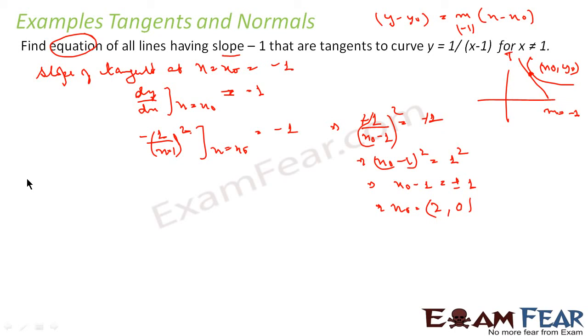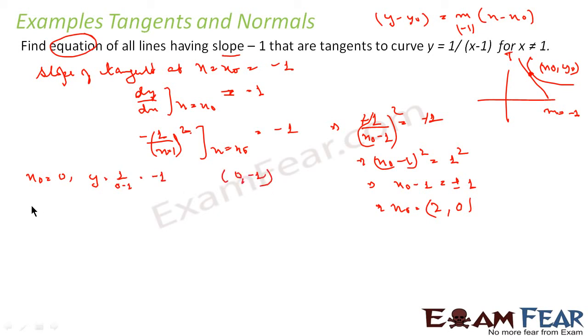In the first case, I'll take x naught as 0. If I take x naught as 0, y is nothing but 1 by (x naught minus 1), that is 1 by 0 minus 1, that is -1. So in this case my point is 0, -1.